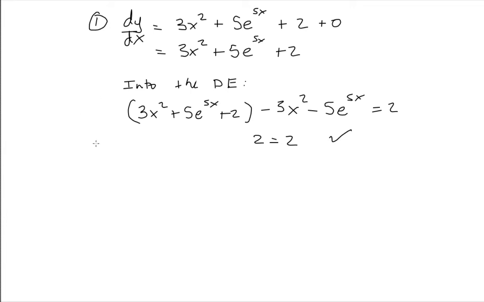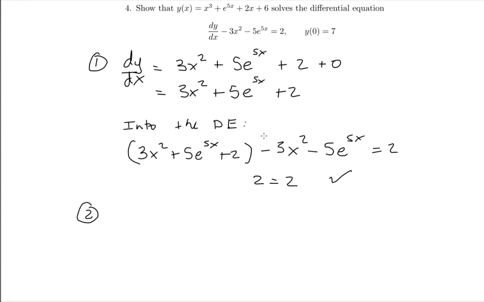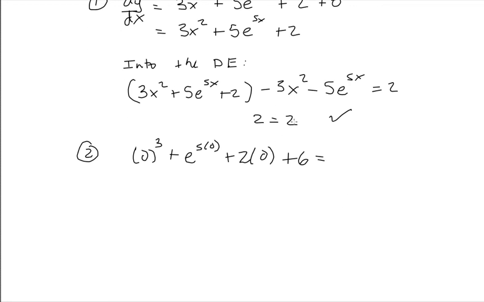However, that's not the whole story. What we also need to make sure is that y at 0 is equal to 7. So let's actually plug in x equals 0 into their y. So we have 0 cubed plus e to the 5 times 0 plus 2 times 0 plus 6. 0 cubed is just 0, and 5 times 0 is 0, so e to the power of 0 is 1, plus 2 times 0 is 0, plus 6.